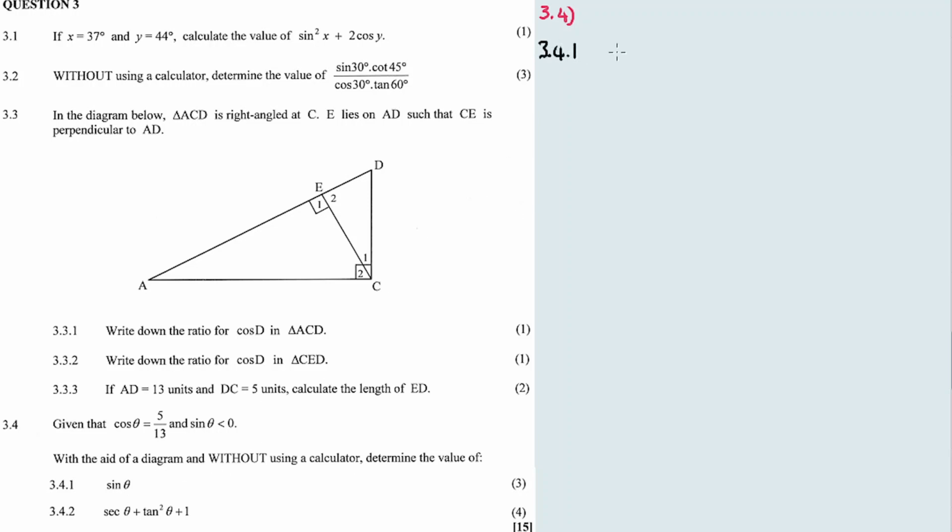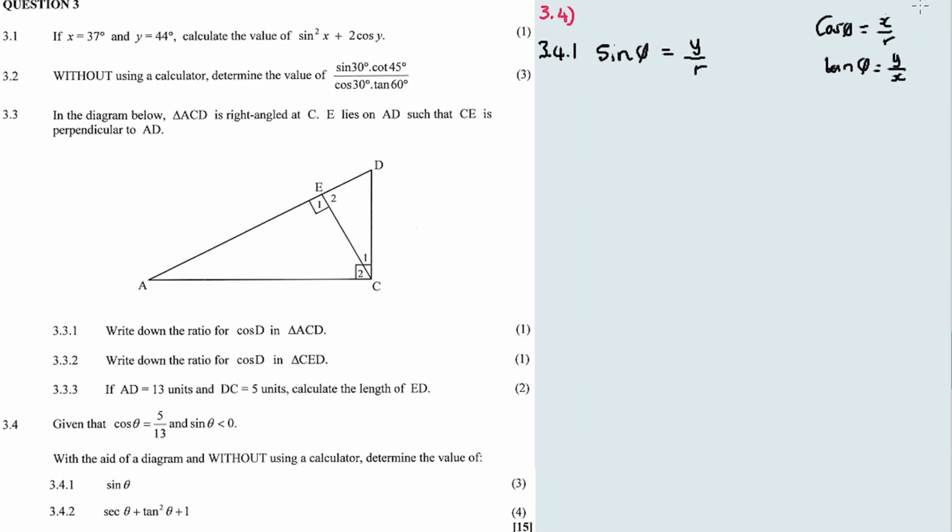3.4.1 sifuna ukuthola ubani usin theta, but we know that sin theta is equal to y over r, opposite over hypotenuse, right? Opposite over hypotenuse. And then cos yena is always x over r, and then tan yena tan theta is always opposite over adjacent.